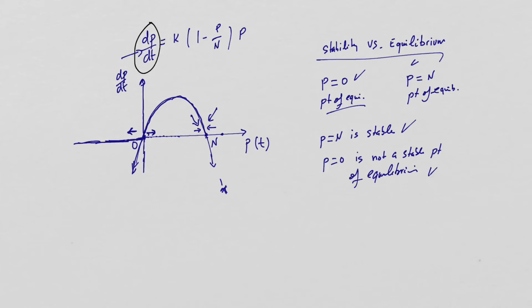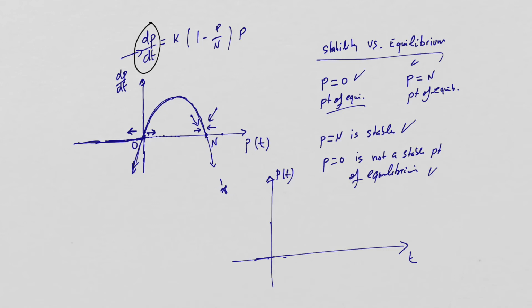And you could see it through this curve. I'm going to do p of t against t. Not dp/dt against p, but p of t against t. Okay?